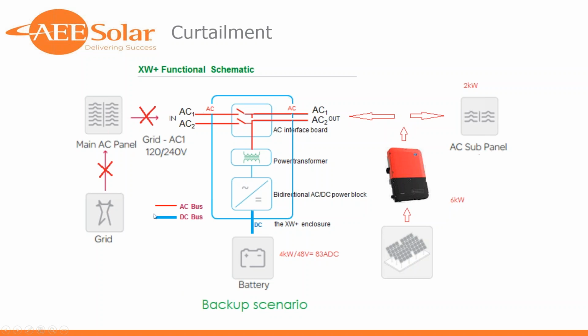We're in backup mode. The PV inverter, as long as it sees a qualified AC grid, is going to continue to shove current in synchronous fashion to that grid, as long as the voltage and frequency remain within the predetermined standards as defined by UL 1741 or whatever you've programmed into your inverter.